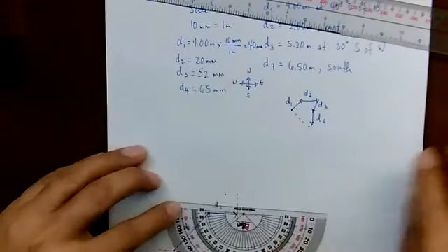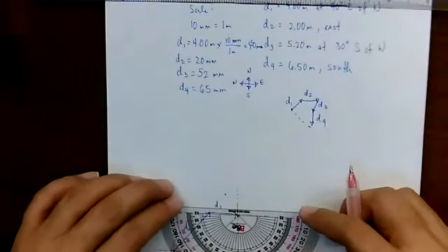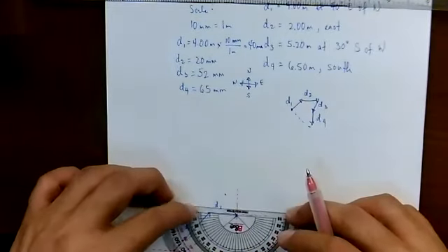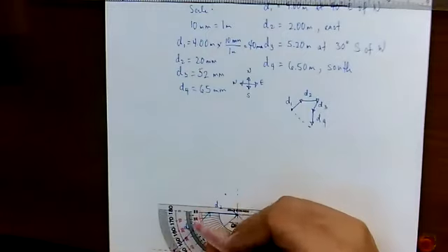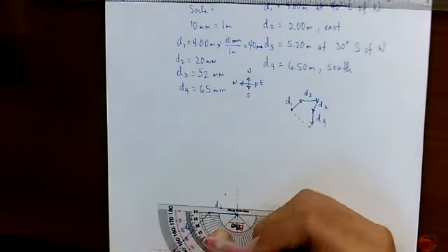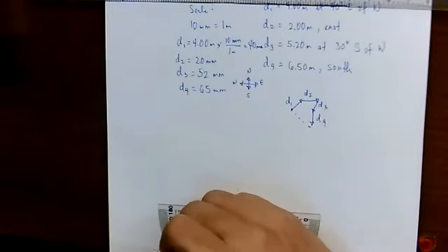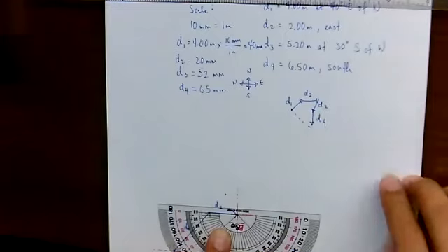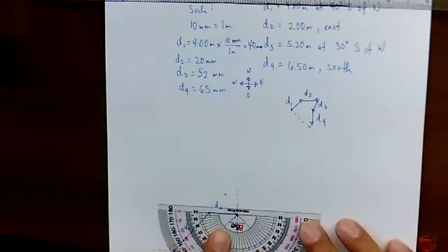It says 30 degrees south of west, opening from the west, heading towards south. So we put the protractor in a horizontal position. Then look at where 30 degrees is on the red line. This will be our guide. Then we measure 52 millimeters.